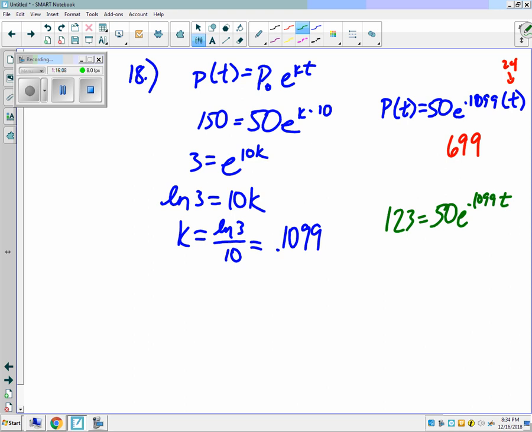I'm not going to come out with a nice natural log of 3 here. It's going to be natural log of 123 over 50, whatever that is. Go ahead and divide that out. Give me 2 decimal places. Should be less than 10, because at 10 days he had 150 minions. I got 8.2. Yeah, I got 8.19.